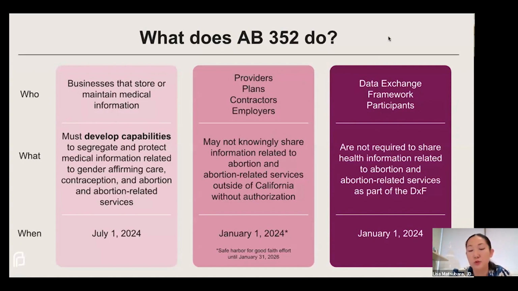So those are the three main pieces of 352. I do want to stress again Nicole's point about the importance of code sets. I think there are going to be implementation, I don't want to call them challenges, but I do want to call them opportunities. Because when we passed this law, we understood that implementation was going to be difficult, that there were technological limitations that people were going to have to work through.